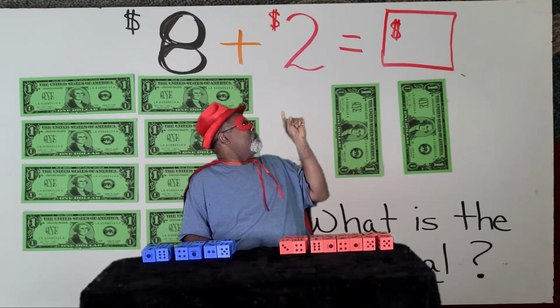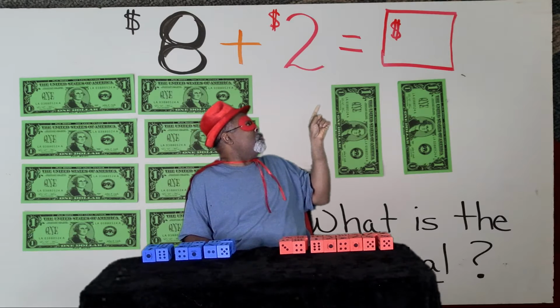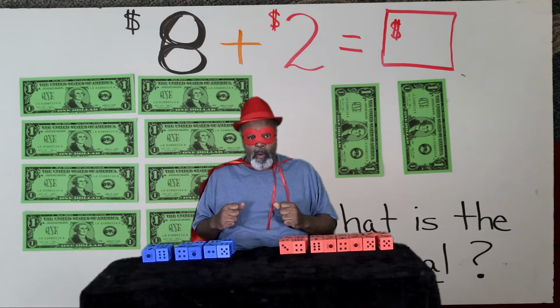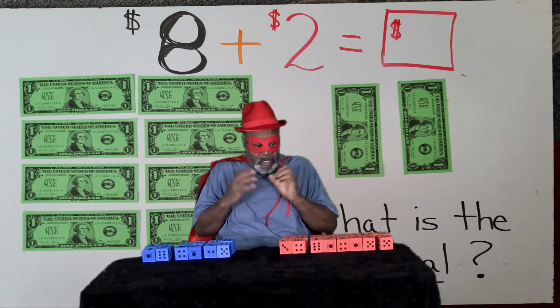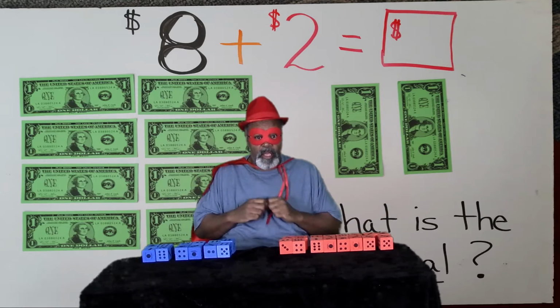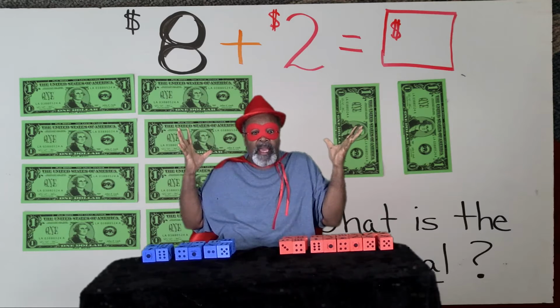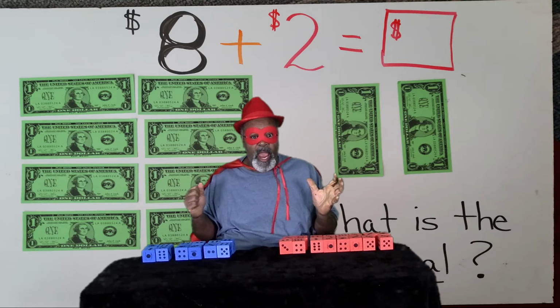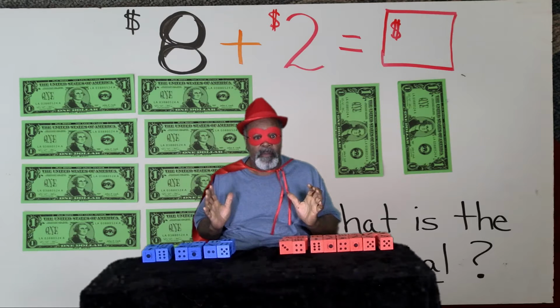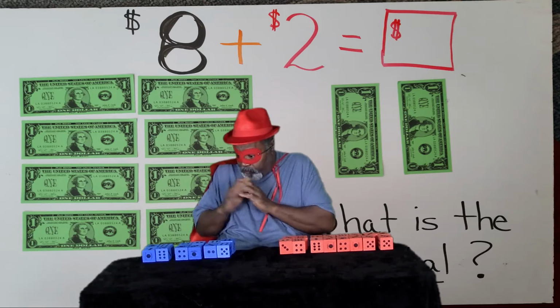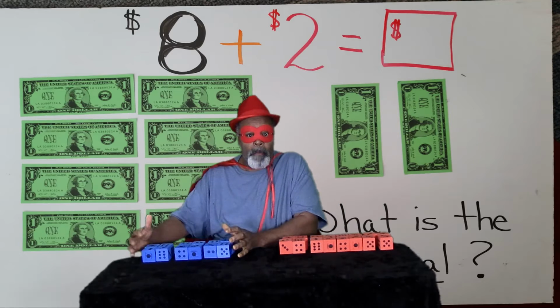8 plus 2. So, as you know, it's nice to have manipulatives so that you can do this and see with your eyes and understand the math concepts. So I have my red dice and I have my blue dice.